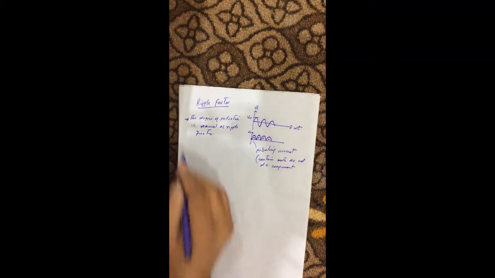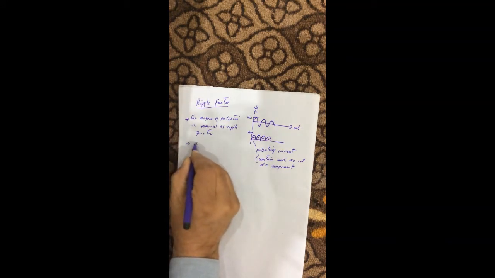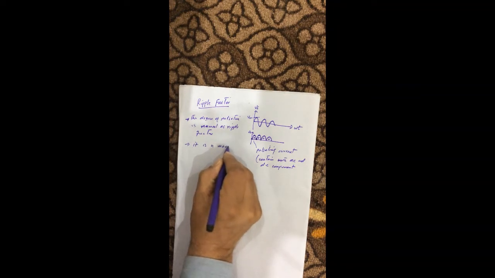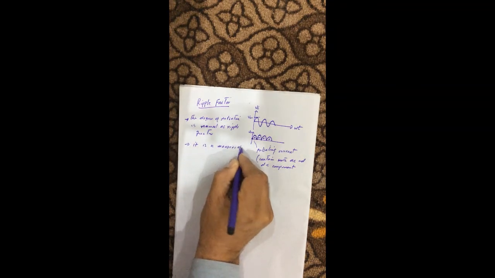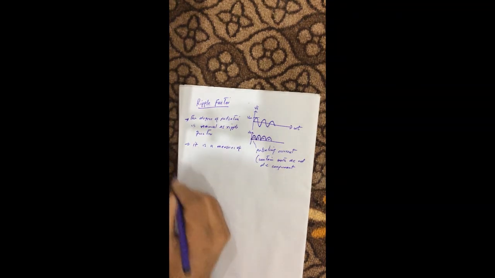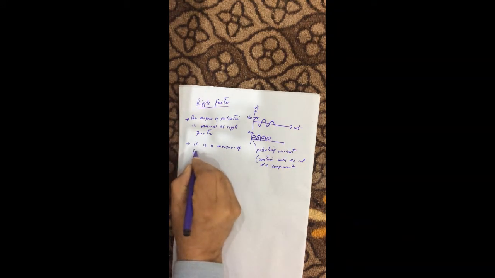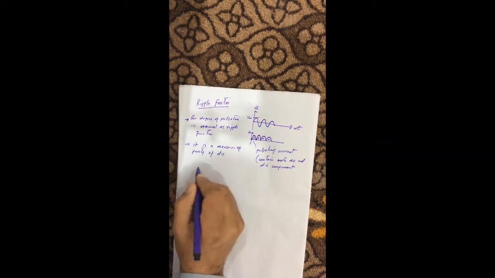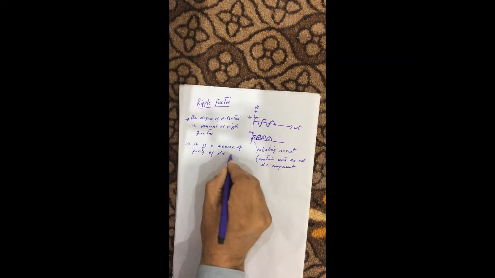It is basically a measure of the purity of DC output of a rectifier.